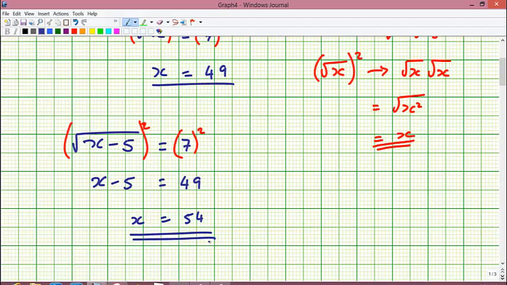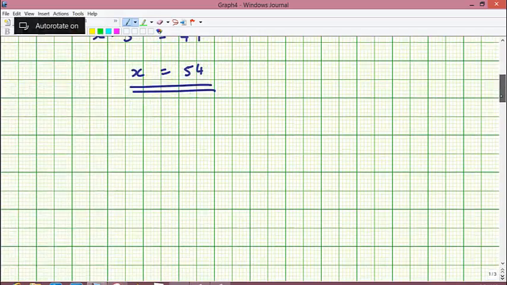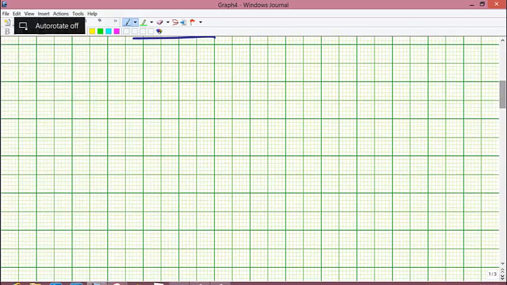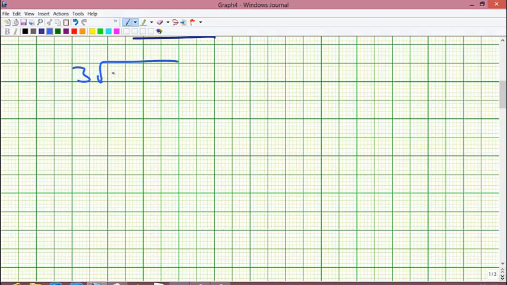Okay. Now these can get more and more complicated. Let's look at another one. This time there are 2 additional things happening. There's a multiplying by 3 and an add 4. What we need to do here is all the components which are outside the radical must be removed first.